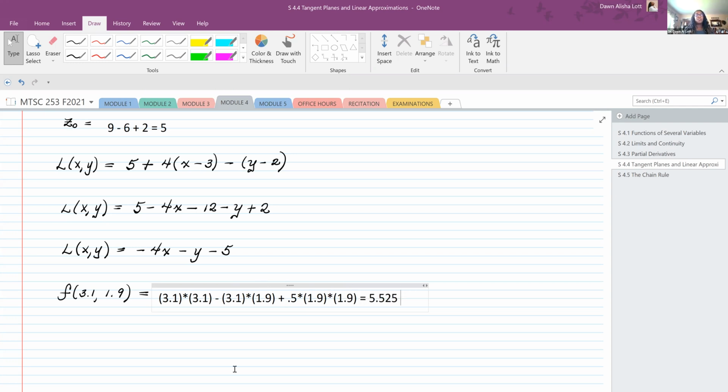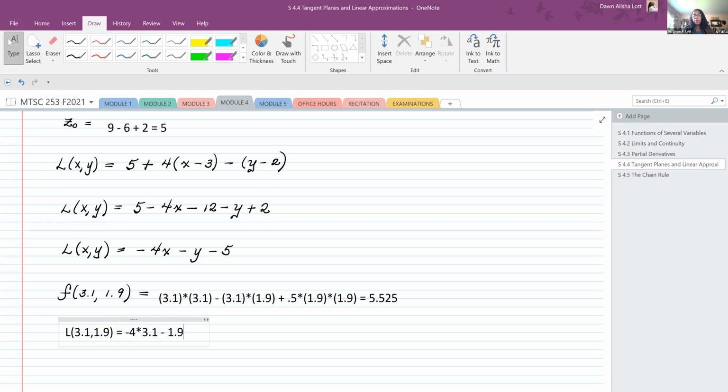Okay, so now let's see what the linearization function gives us. So now we get L of 3.1, 1.9 is going to be -4 times 3.1 minus 1.9.